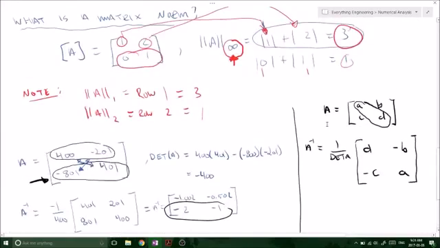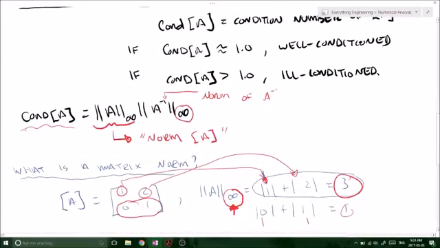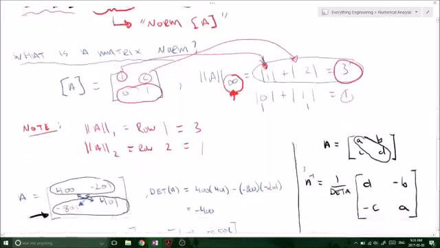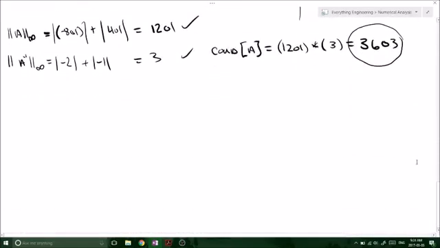So remember before I said, okay, well, a well-conditioned system is going to have a condition number somewhere close to 1, and an ill-conditioned system is going to have a number greater than 1. So how much greater than 1 is too big? There's no real definite answer, but we've got a general rule of thumb.